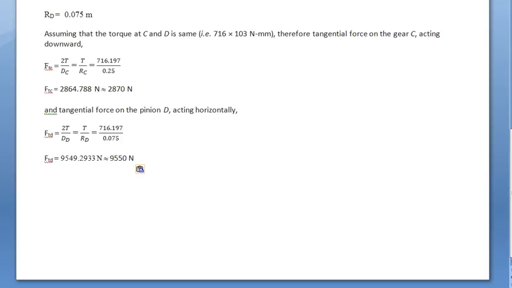We are approximating it to 2870 Newton. By the same procedure, the tangential force acting on pinion D, that is acting horizontally, is given by the same formula, and the value we obtained is 9549.2933 Newton, which is approximately 9550 Newton.